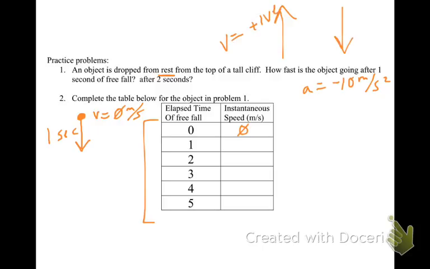If we move down, conventionally speaking, our velocity is in the negative direction. So as we're going down, what is our instantaneous speed? Well, we've gained 10 meters per second, so negative 10. After 2 seconds, total, negative 20, negative 30, negative 40, negative 50.